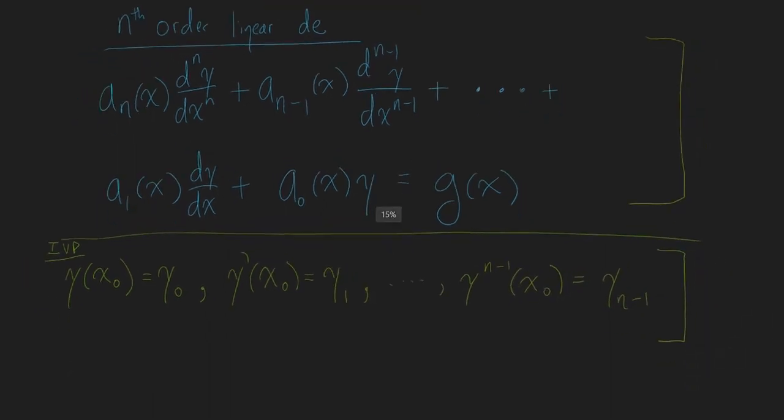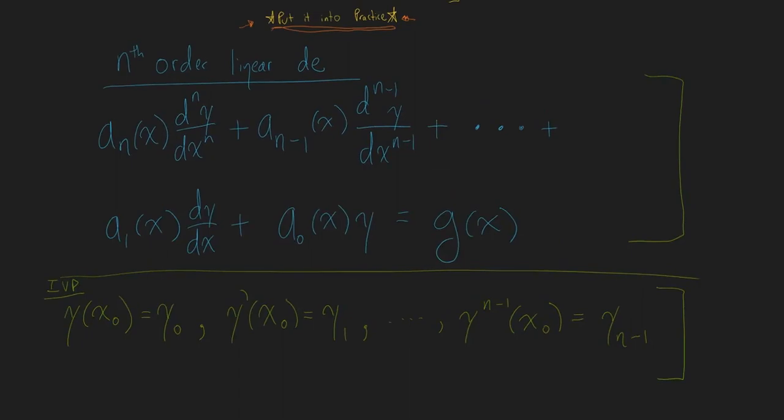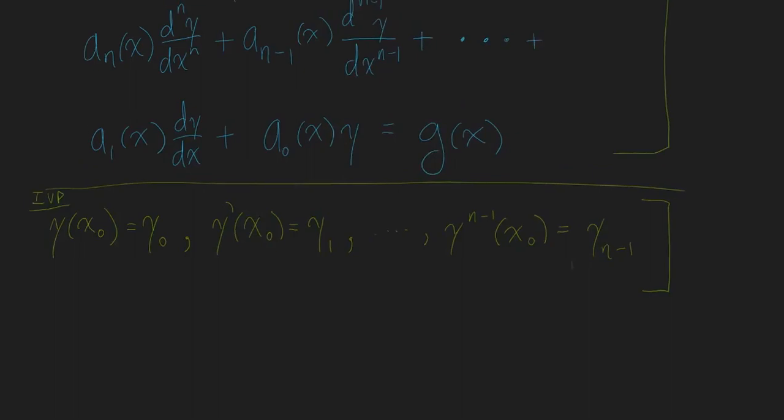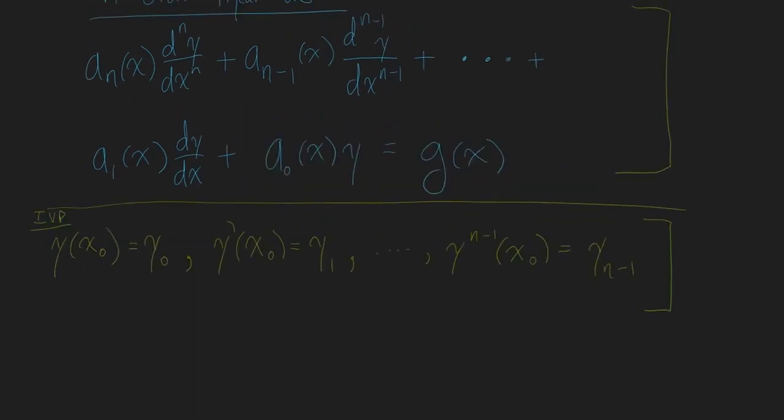And so what this might look like, because we do want to put this stuff into practice, what this might look like in practice would be the following. And I'll change colors for that.